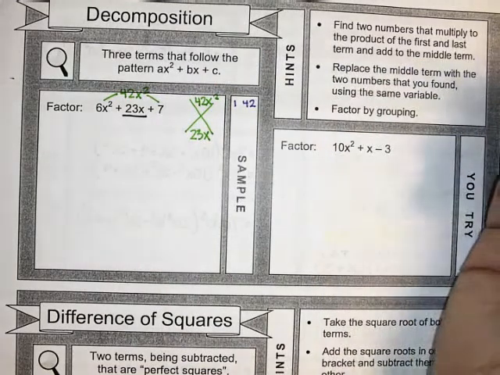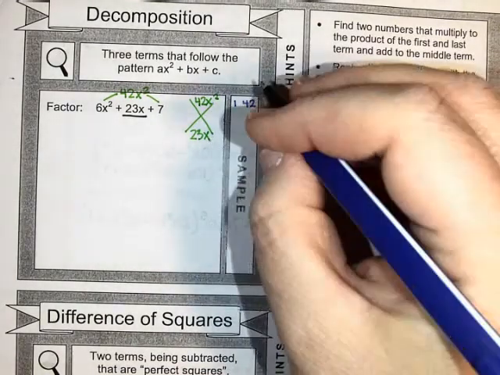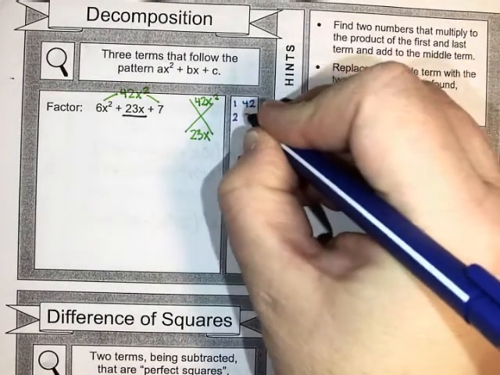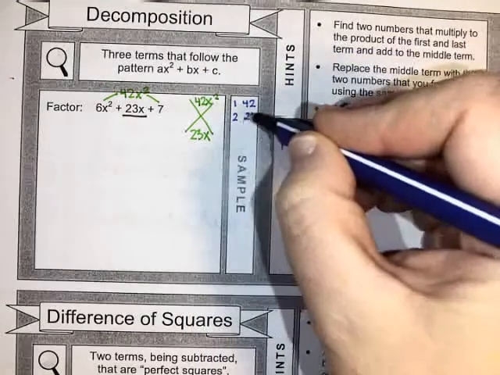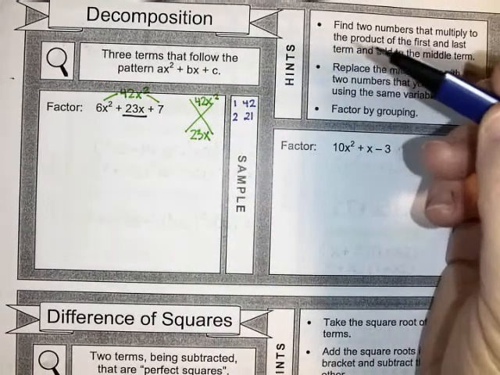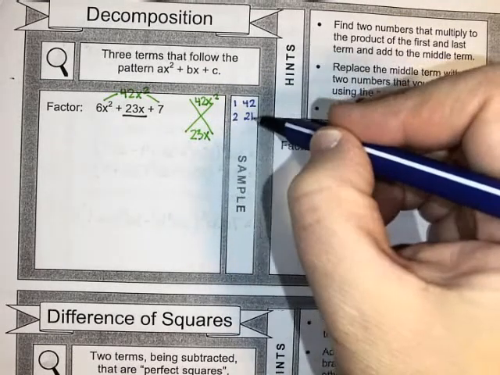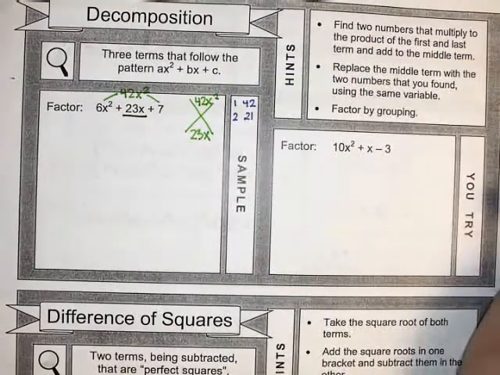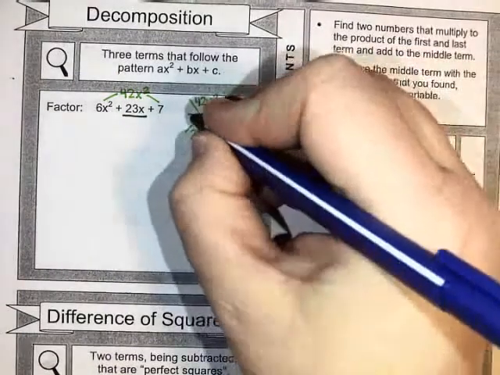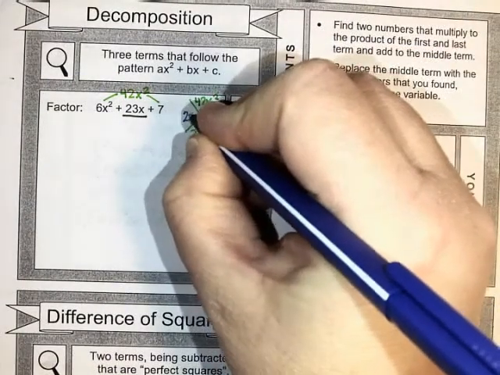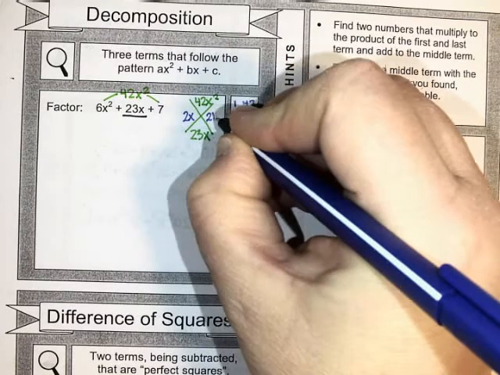If I were to add those, I'm not going to get 23. 2 and 21. And if you're having trouble finding this number, use your calculator. Do 42 divided by 2. 2 and 21 absolutely would add to 23. So I think this is going to be 2x and 21x.